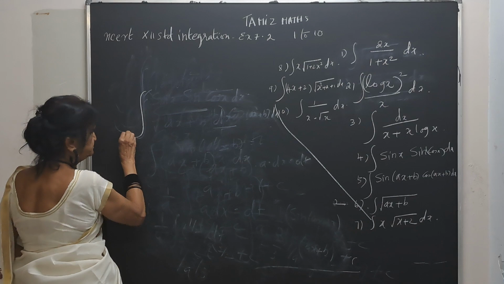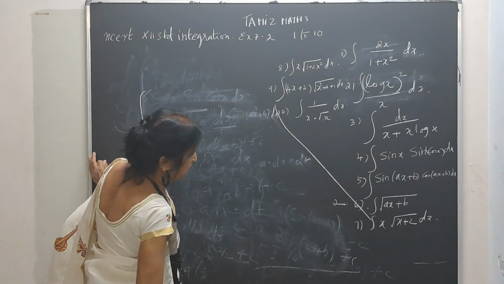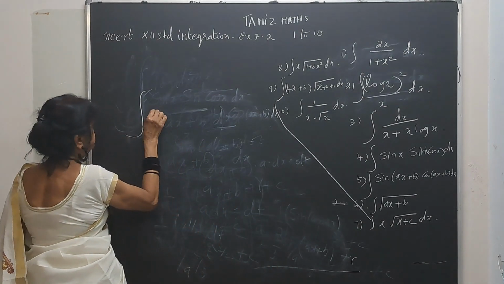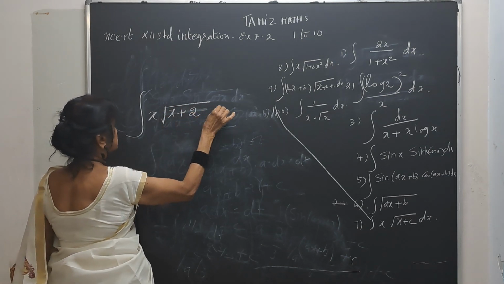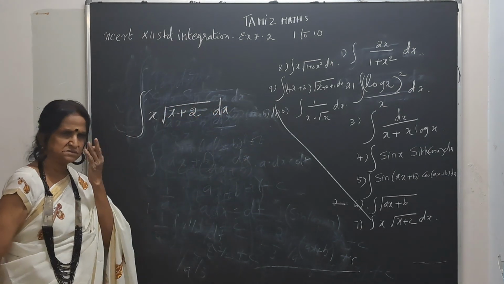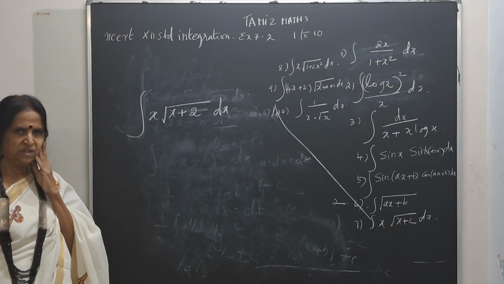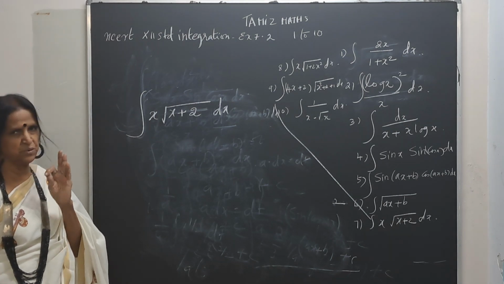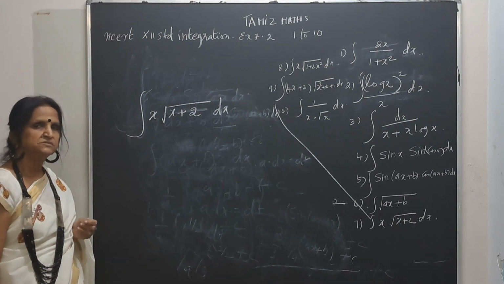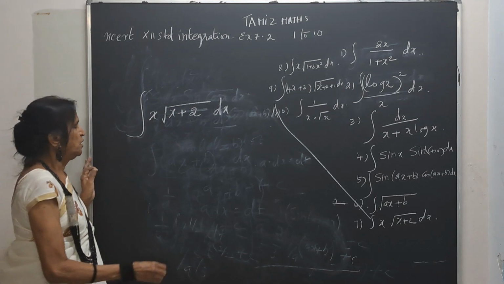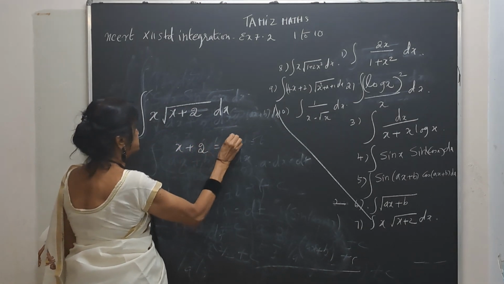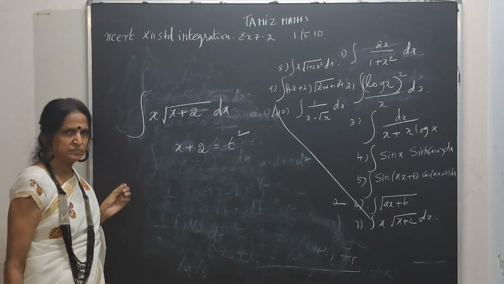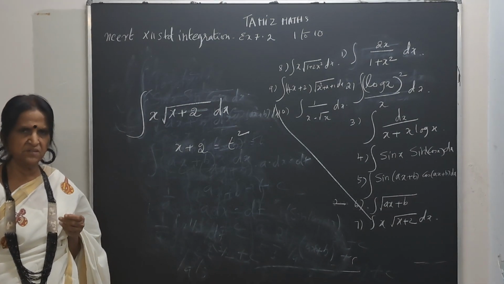Now we'll go for this. Integrate x into root of x plus 2. Integrate root of x into root of x plus 2 dx. What will we do? Put x plus 2 as t square. If your question is, can I put it as t, will it work?